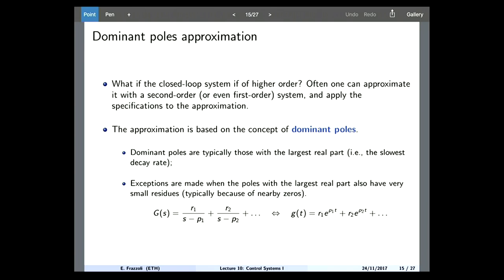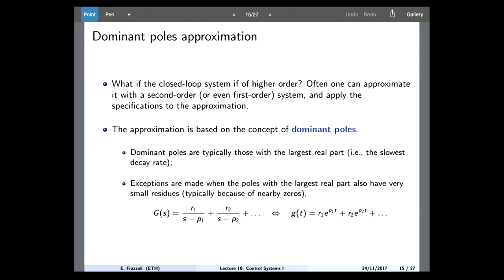These are the poles that have a real part that is smaller in magnitude, meaning that they will take a longer time to decay to zero, okay? So these are the poles that essentially dominate the response, because the components of the response due to the other poles have vanished earlier, in a faster way, okay?